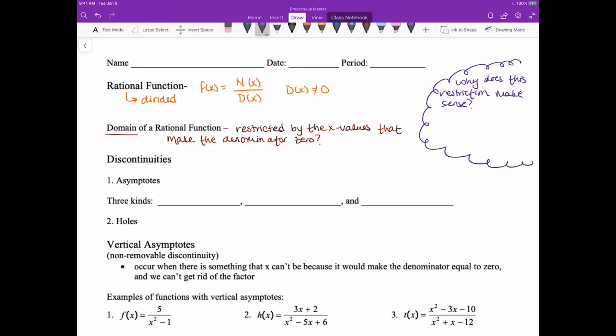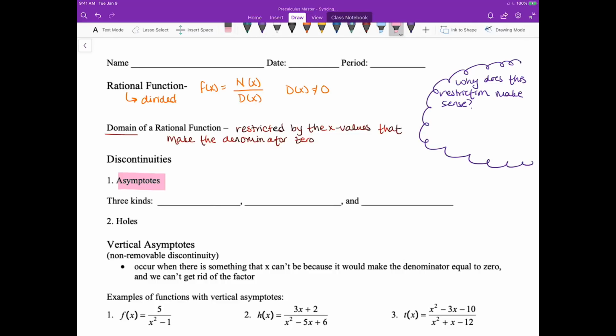So let's talk about, and this isn't a question, it is a statement, different discontinuities, which are also restrictions on the graph of a rational function. We have two discontinuities listed here, and the first one is called an asymptote.